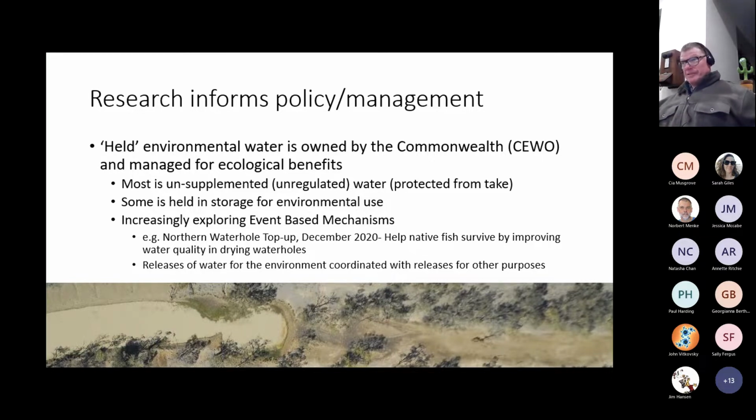An example of this was in late 2020 during the peak of the drought, when they bought water to top up waterholes and help native fish survive by improving water quality and increasing persistence of drying waterholes. There's also an increasing trend to try and piggyback environmental water with water that's being released for other purposes. And I guess that's possibly something that's less happening in Queensland than in some other parts of the basin.